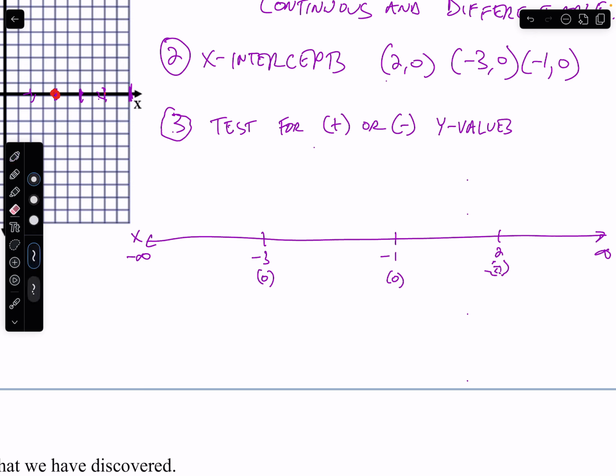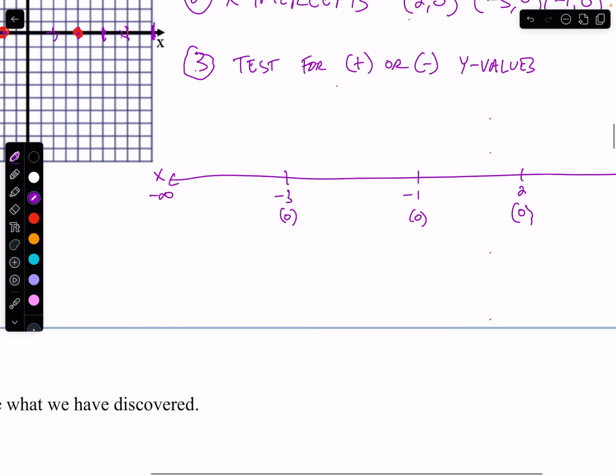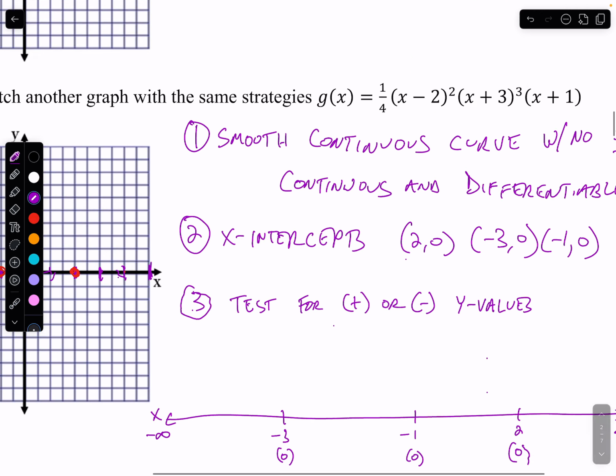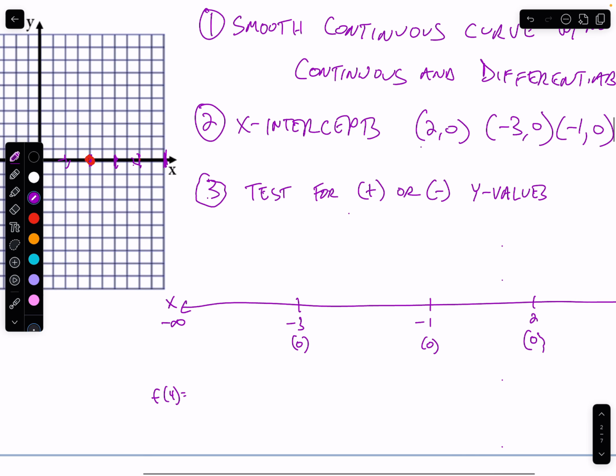So now we're going to test for positive or negative. We're going to pull an x-coordinate off this interval, like -4, and we're going to plug it in. G of -4. This graph here is g, actually.